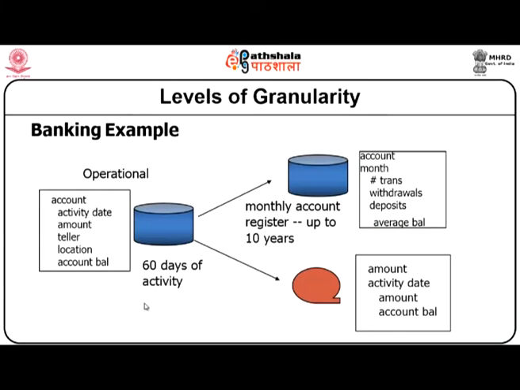When we look at the levels of granularity from the operational data store, when I try to collect the account type of information for 60 days of activity, that will be converted to a monthly account register for up to 10 years, where the account will be mapped onto month transactions, withdrawals, deposits, average balance, and at the same time amount, activity date, and account balance will be maintained in parallel.